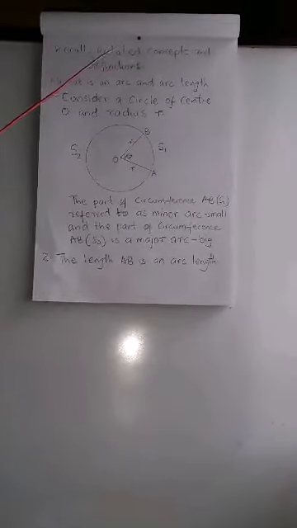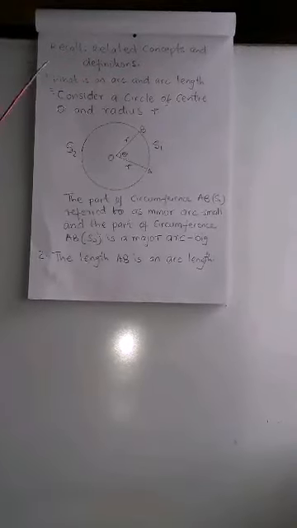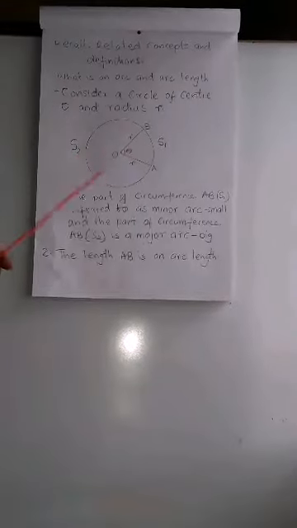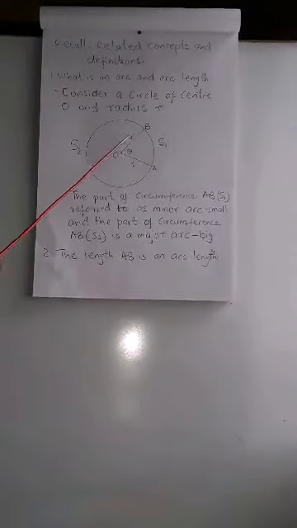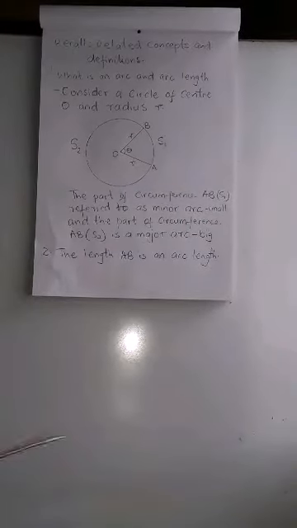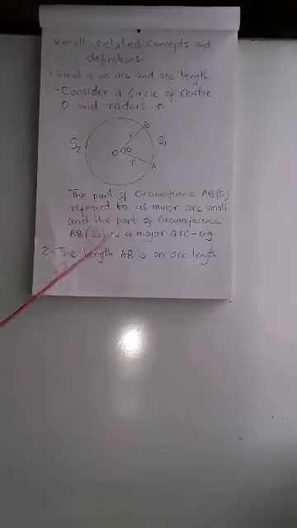So we start with a recall on related concepts and definitions. The first one is, what is an arc and what is an arc length? We consider a circle of radius r and center O. So we have two points, point A and B, on the circumference.